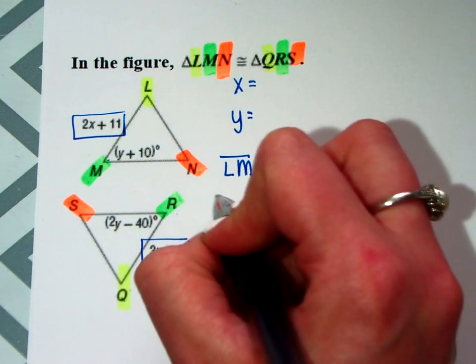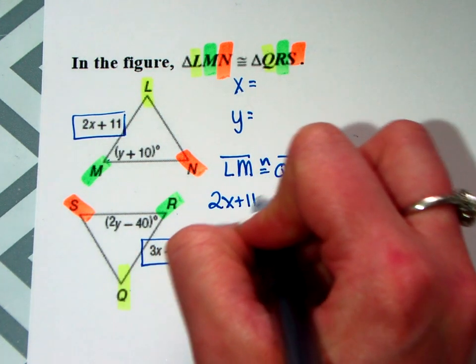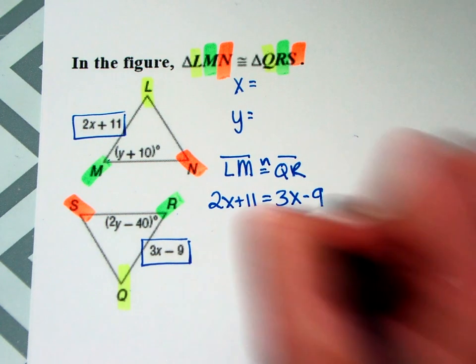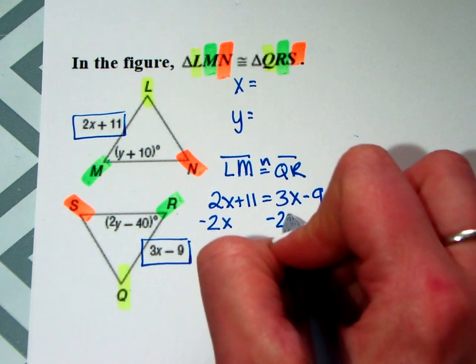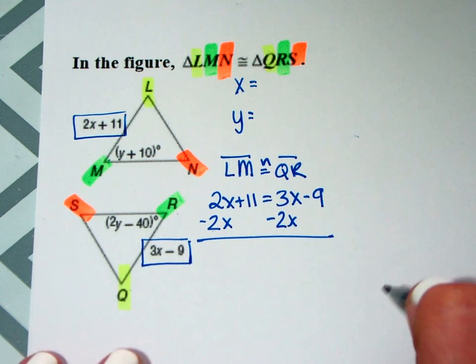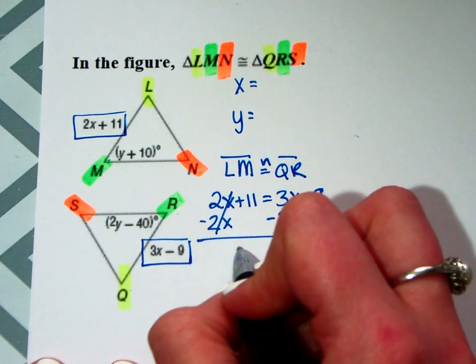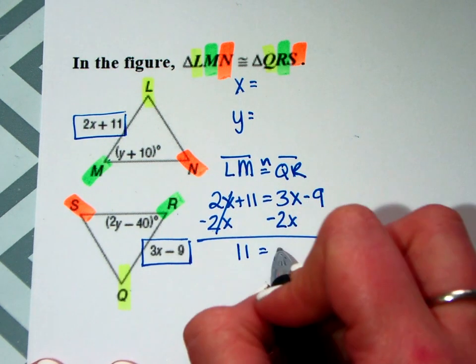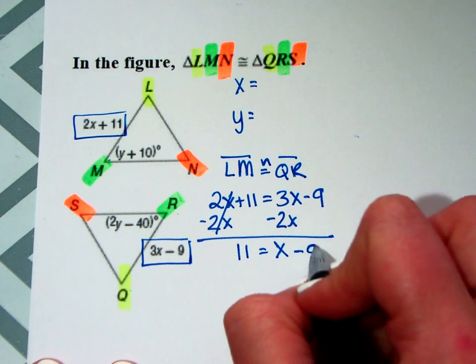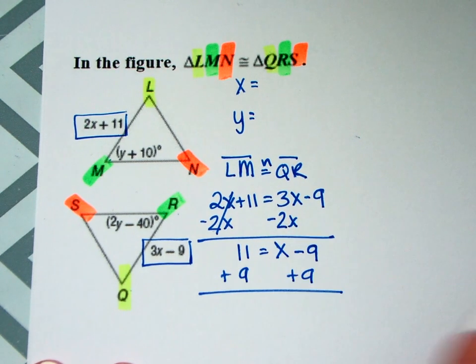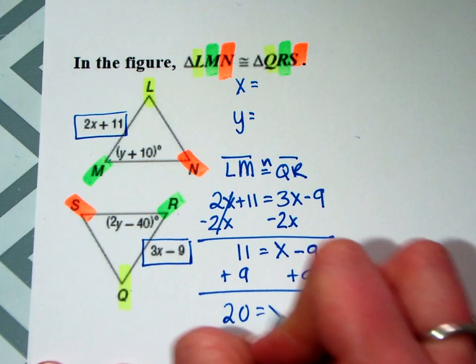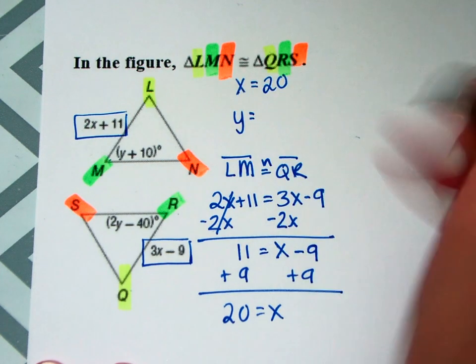I'm going to go ahead and just solve. 2x plus 11 equals 3x minus 9. I'm going to get those x's. I'm going to subtract 2x to the other side using subtraction POE. Bring down my 11. 3 minus 2 is 1, so I'm just going to leave it as x minus 9. Add the 9 to the other side. 11 plus 9 is 20. So my x value is 20.